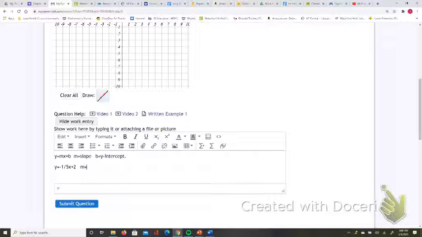Okay, m equals, b equals. Okay, everybody pause the video and type in the m and the b. Okay, I'm hoping for the m you wrote -1/5, and for the b I'm hoping you wrote 2. Now pause the video again and go graph it.